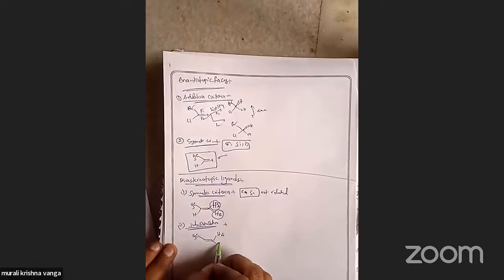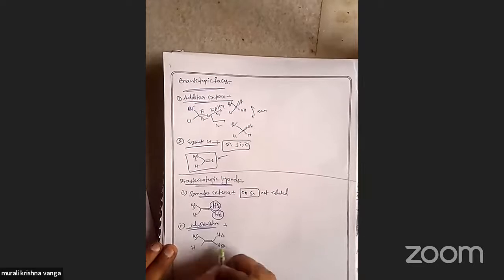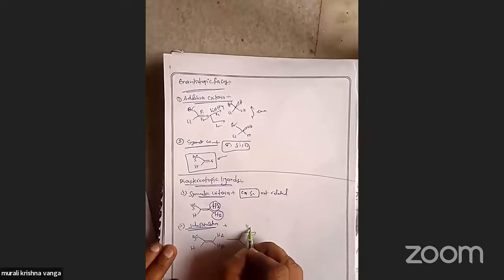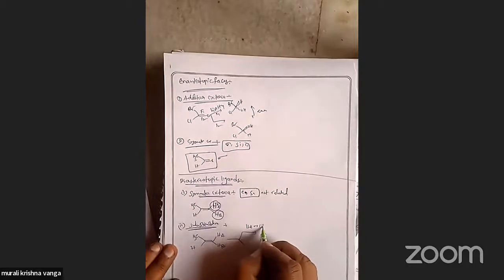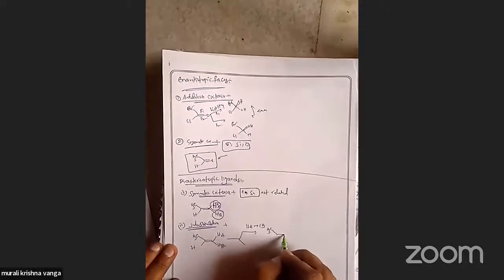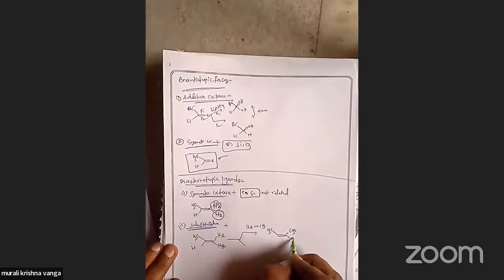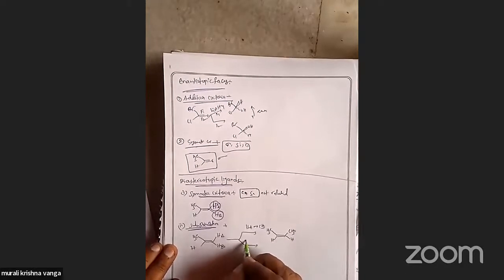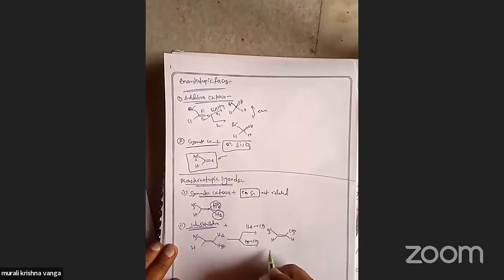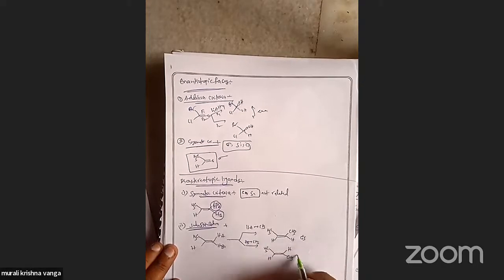HA is substituted with methyl, HB substituted with methyl. So this is a cis compound and this is a trans compound. Cis and trans are diastereomers. Therefore, these two hydrogens are diastereotopic hydrogens. That means these two ligands are diastereotopic ligands.